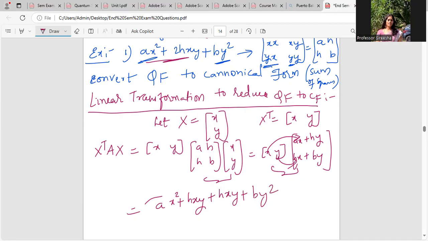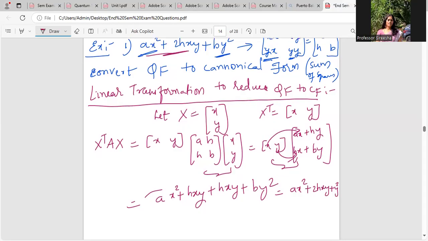That's it. Now this gives me the quadratic form: a x squared plus 2hxy plus b y squared. Right. Now this is my quadratic form.